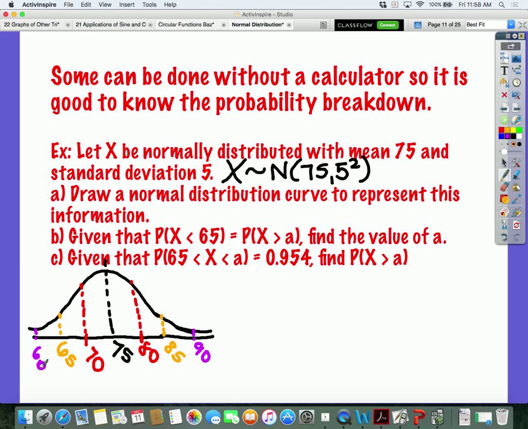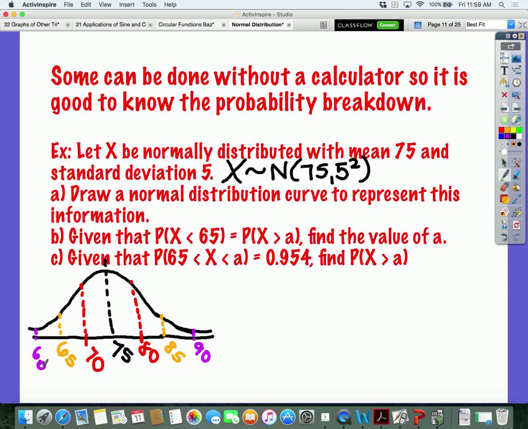And then of course they can ask you any types of questions related off that, such as given that P, the random variable X is less than 65, equals the probability that X is greater than A, you need to find the value of A. Alright? So to do that, first off, you need to figure out, okay, what is the probability that it's less than 65?